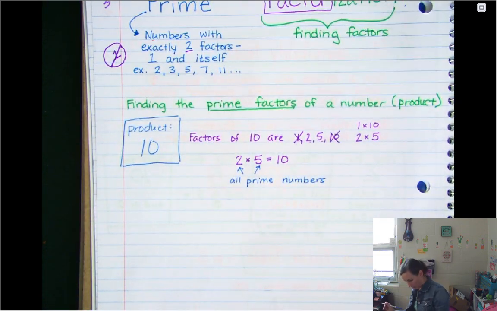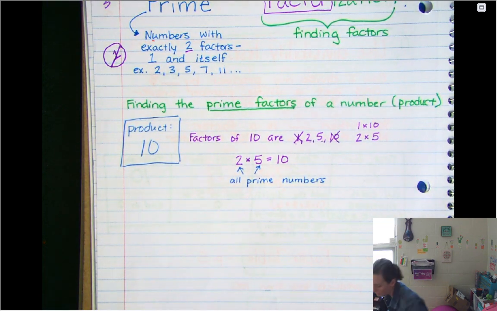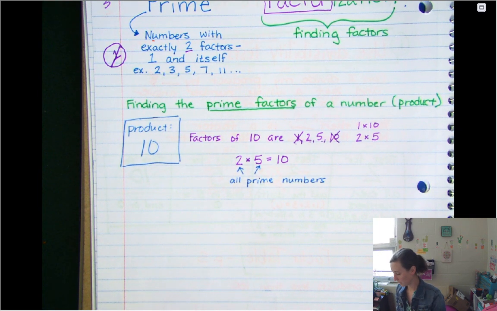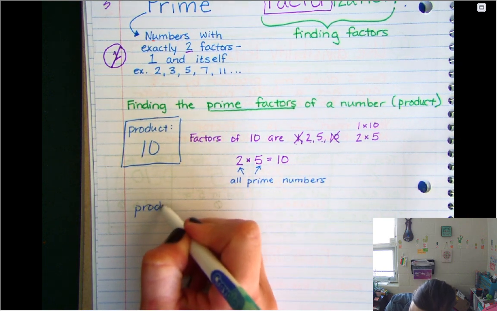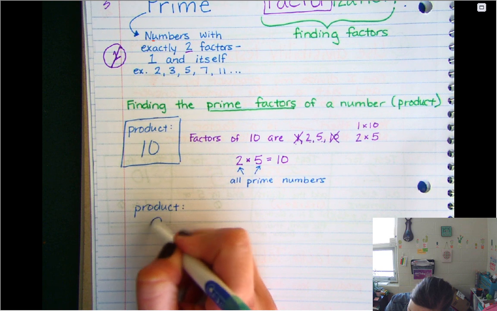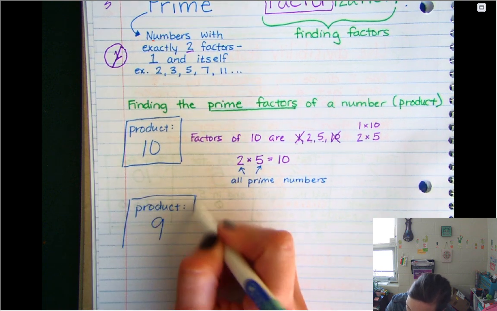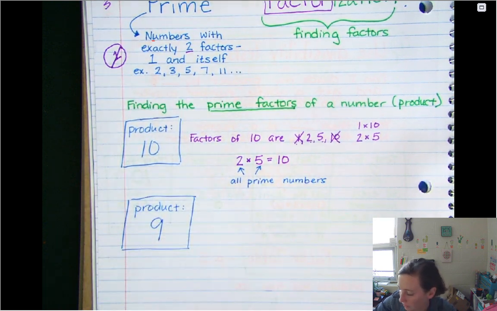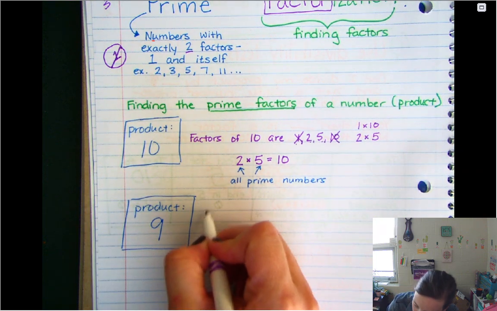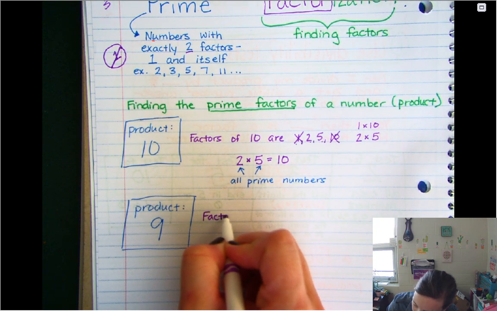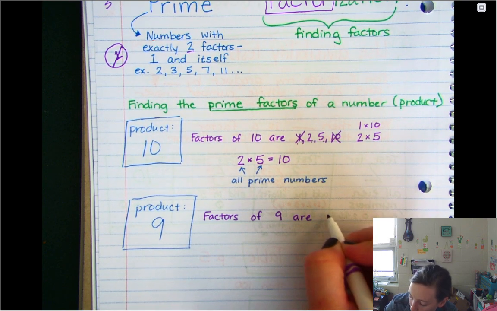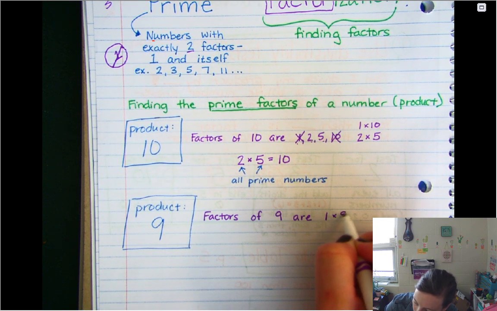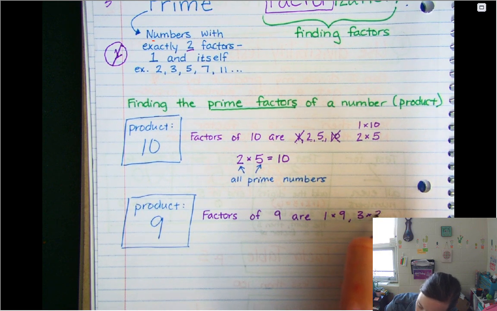Another example, let me do one from your book. The product in this case is 9. Okay, the factors of 9 are 1 times 9, 3 times 3.